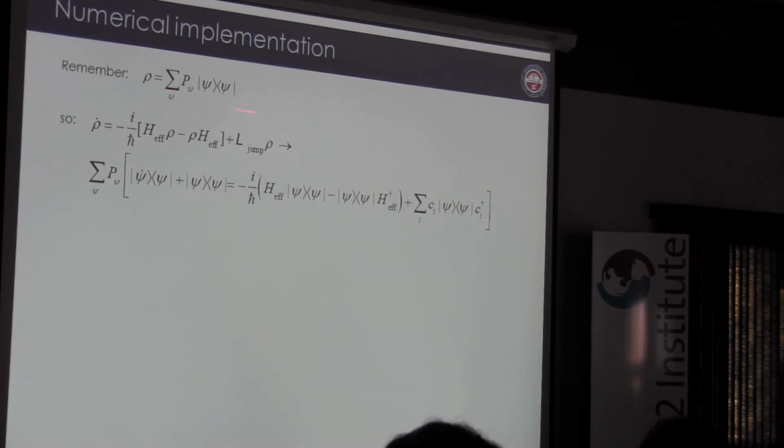Okay. So if I write down my density matrix as a sum over orthogonal wave functions, with a certain probability p of being in each wave function, I can look at the evolution of these wave functions.